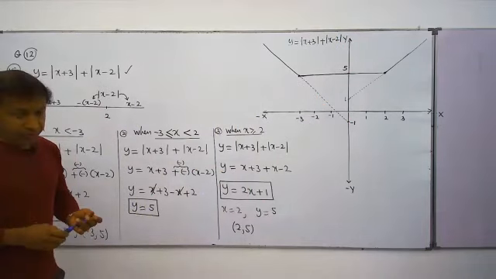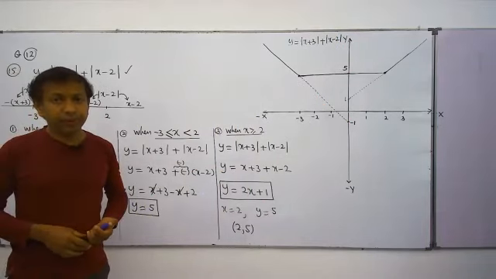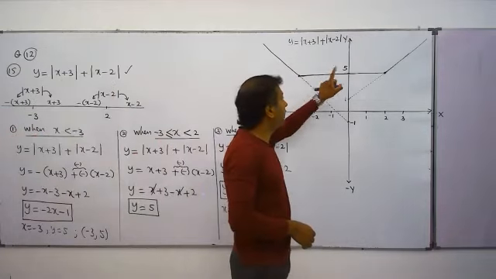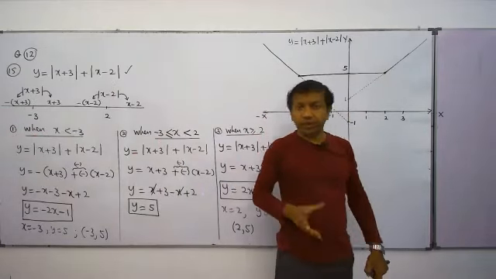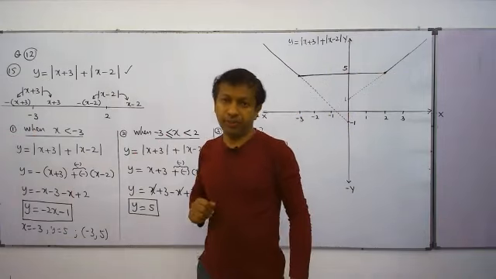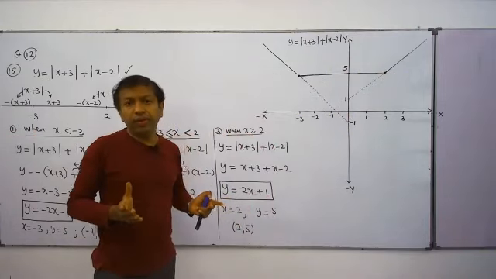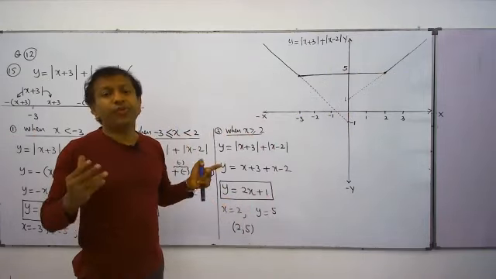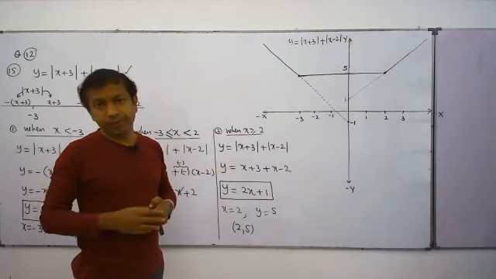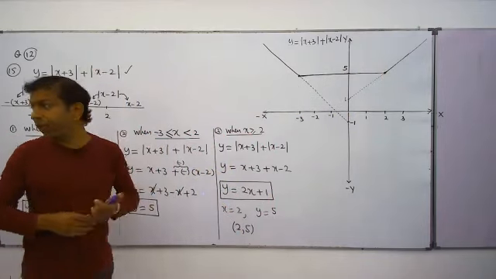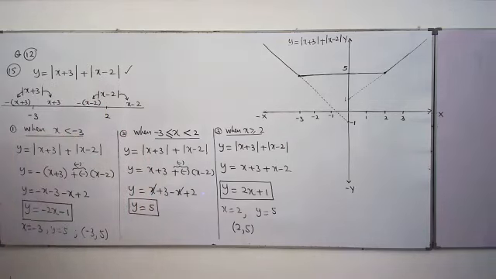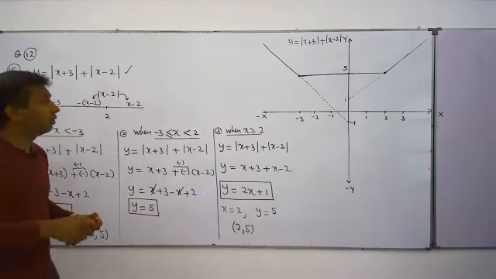But people, when we consider individually this line, and this line, they have three different equations. Why? They are three different parts of three different lines. That's why.